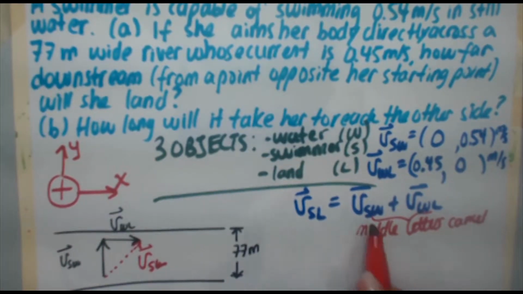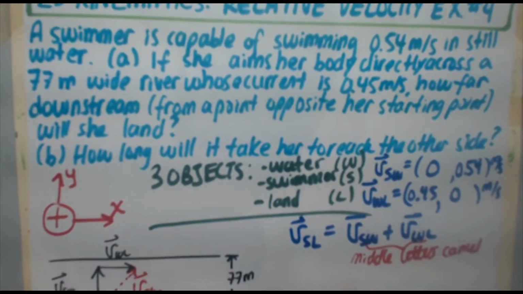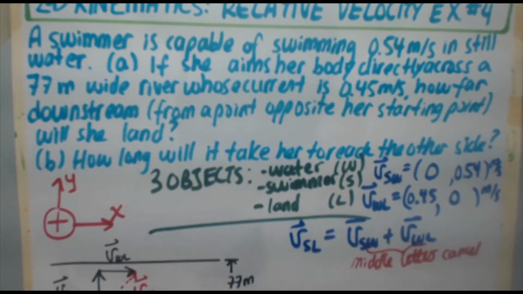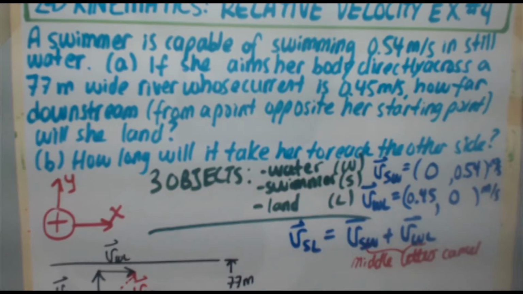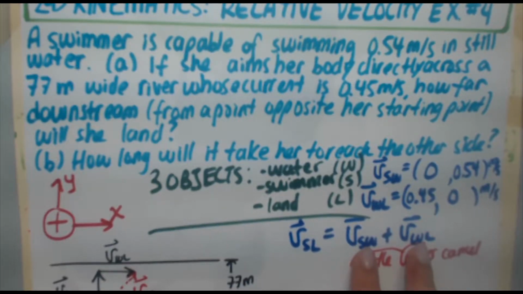And when they do, you're left with the outside two letters, which is exactly what we have here. Now, this question is a little bit different than videos 48, 49, and 50 in that the question itself is not asking you what's the velocity of the swimmer relative to the land. The only reason I even constructed this expression is because I was given these two values, so I know automatically that I can determine this, and whatever I'm looking for most likely is going to involve this quantity.